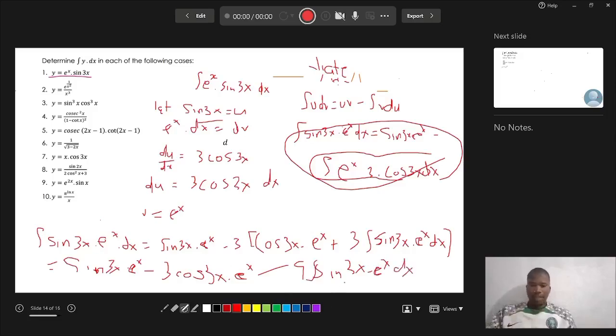Now we can see that we have the similar function, the integral of sine 3x multiplied by e to the power x, which is the same as that of the original equation, right?